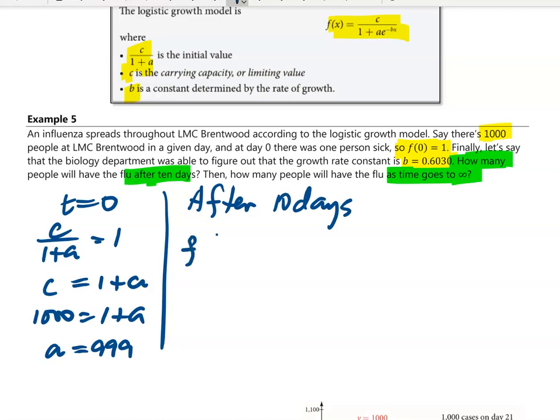So f of t is equal to the carrying capacity 1,000 over 1 plus a, which is 999, e to the power of negative b, which is 0.6030, x.